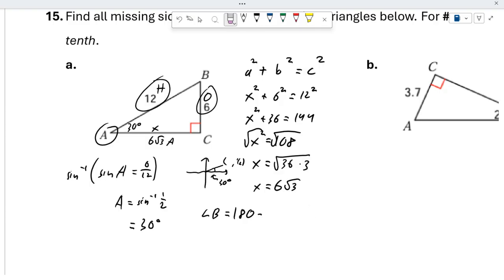Or, even better, you can recognize that in a right triangle, your 2 acute angles are complementary. They sum to 90, because all 3 of them have to sum to 180. So in a right triangle like this, if you know one of your acute angles, you can just take 90 and subtract the other one, and you'll get 60.